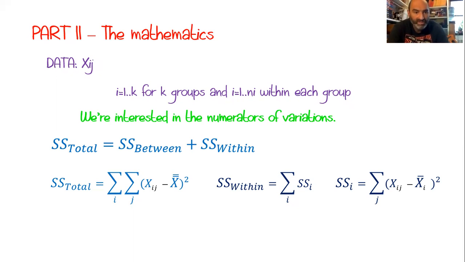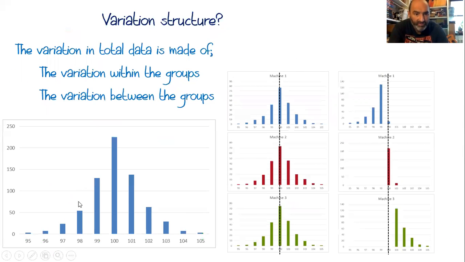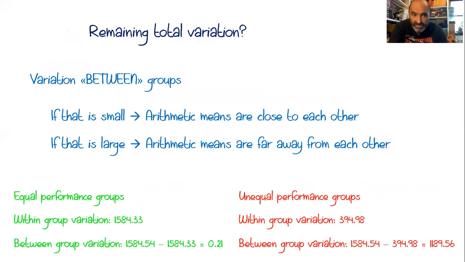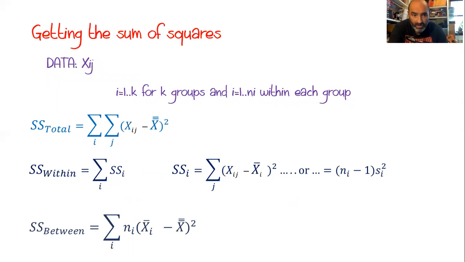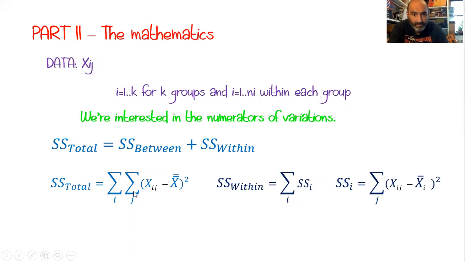Okay. So what is total sum of squares? Obviously, let's go back. If you take that whole data set, find its variance, the numerator of that variance is your SS total. How is that? Take every point and subtract the grand mean.